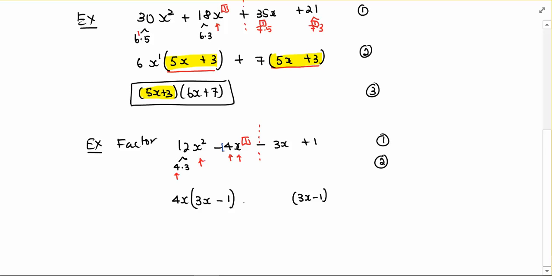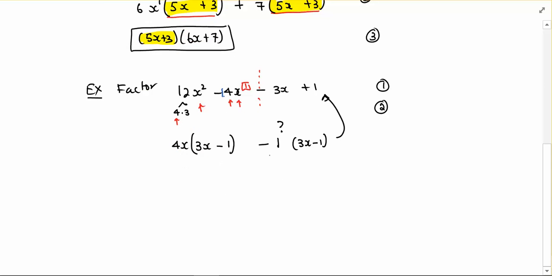And now it becomes a simple question of what number do I have to put here in order for this to work out to be that, right? So if you stare at that long enough, you see that it has to be minus 1, because minus 1 times 3 gives you minus 3, and minus 1 times minus 1 gives you plus 1.